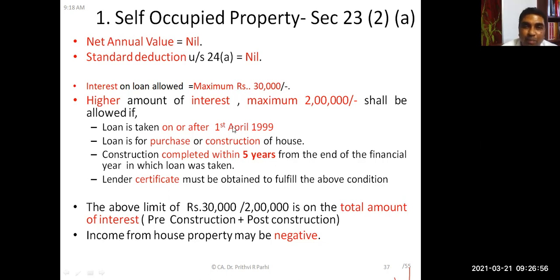Otherwise, if it is a recent loan, a maximum of 2 lakh rupees interest is allowed. Understood? Yes or no?